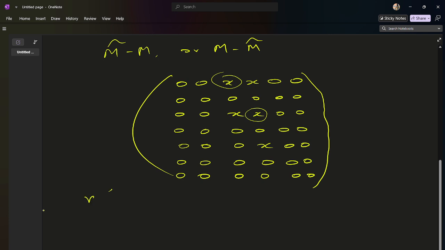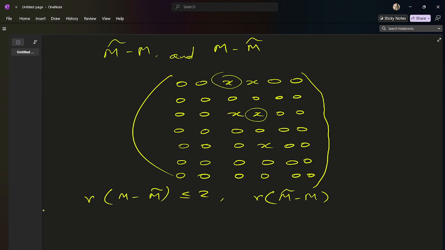So rank of M minus M cap will be less than or equal to 2, and also rank of M cap minus M will be less than or equal to 2. Now the given thing is that the rank of M cap is 4.